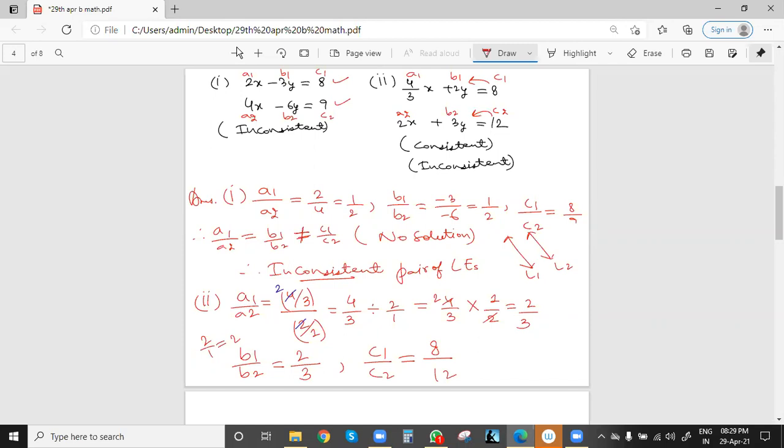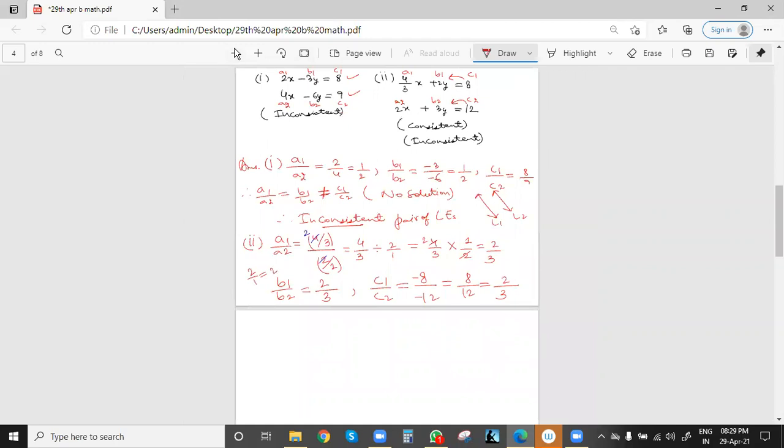You can write minus 8 and minus 12, same meaning. Basically the minus signs cancel to give 8 by 12, 4 2s are 8, 4 3s are 12. So again the same, 2 by 3. So all the values are the same.